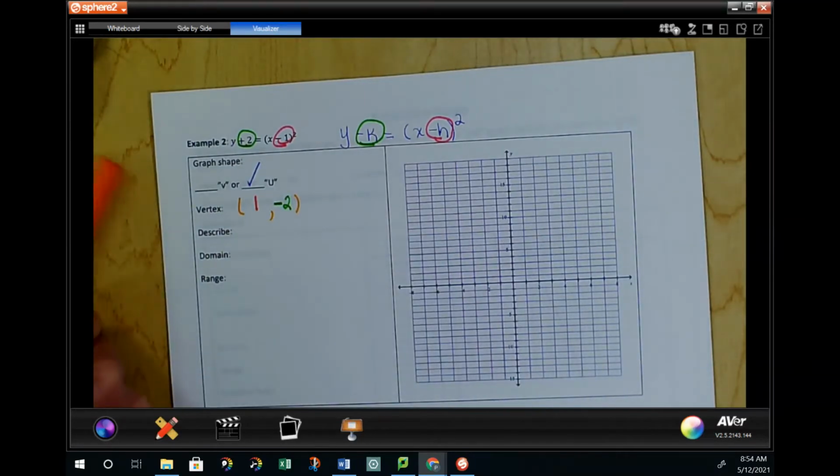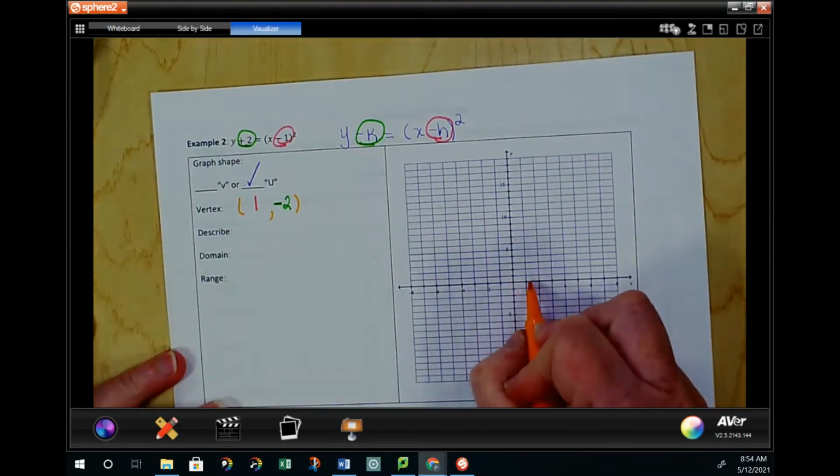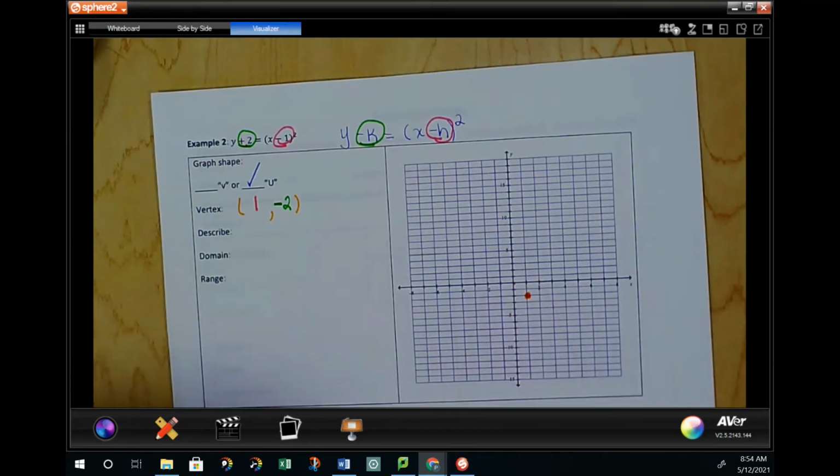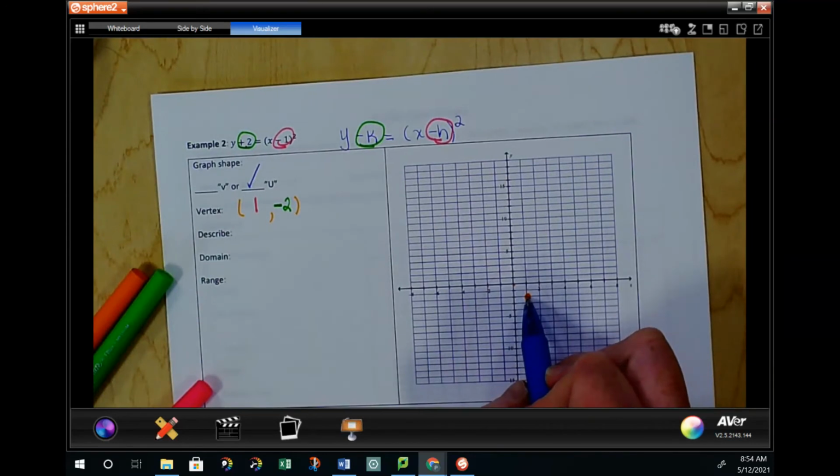So let's graph that point. I'm going to move to the right 1 and then go down 2. I've graphed that point from my origin, to the right 1 and then down 2. That's my vertex point. Because this is a quadratic, when I move over 1 to the right, I move up 1.